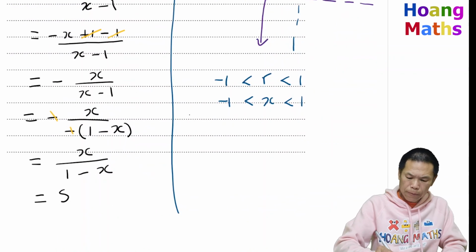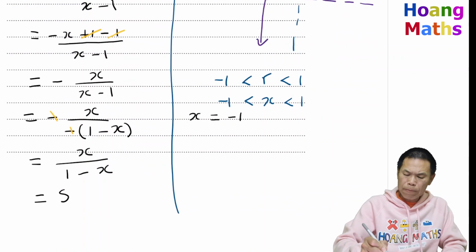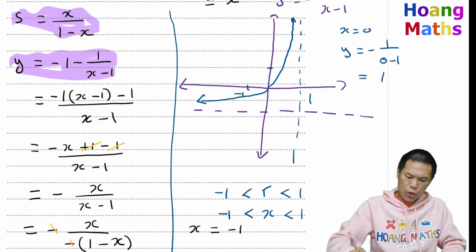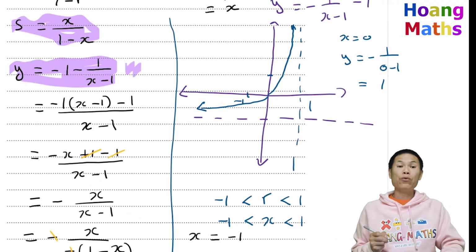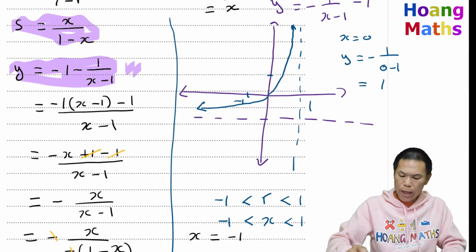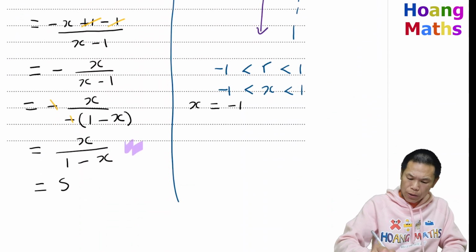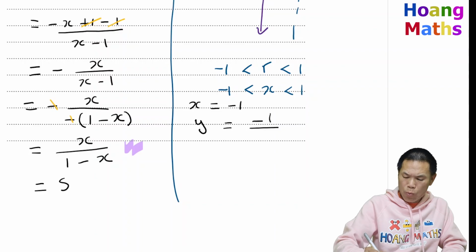So when x is negative 1, y is negative 1 over 1 minus negative 1. That becomes negative 1/2.